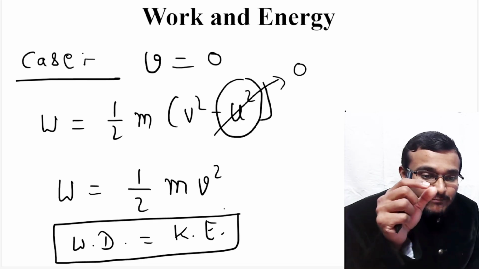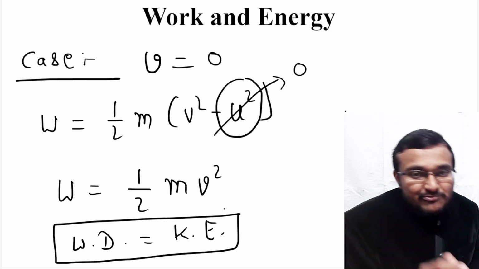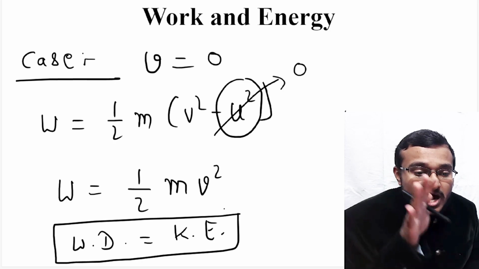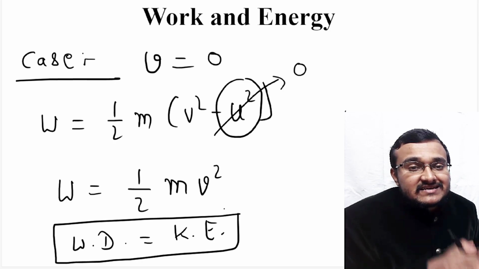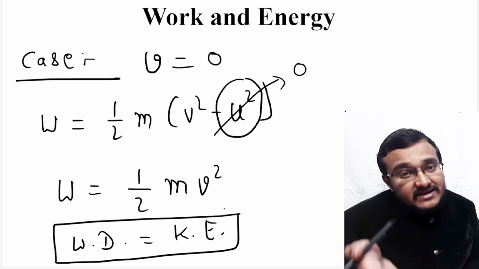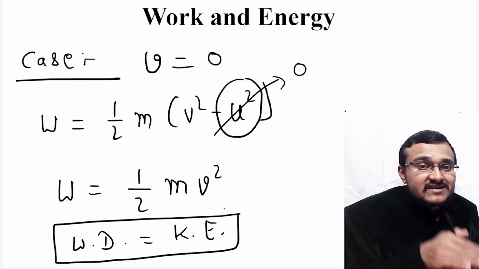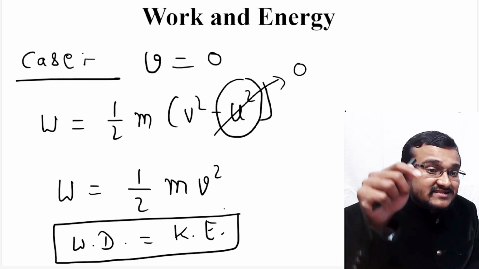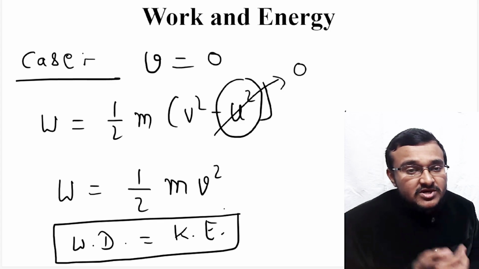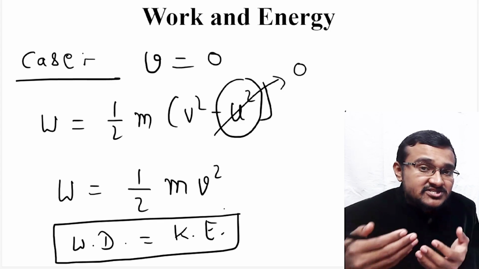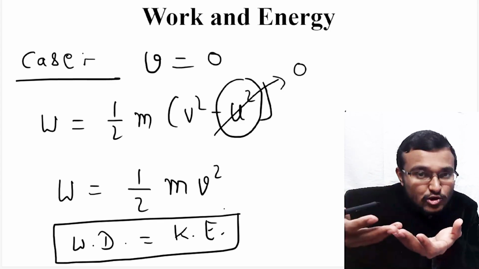So here, by the help of mathematics, we have understood how work done is related to energy, how work done is related to kinetic energy in this particular case. Now the speed has increased, so the amount of kinetic energy will also increase.